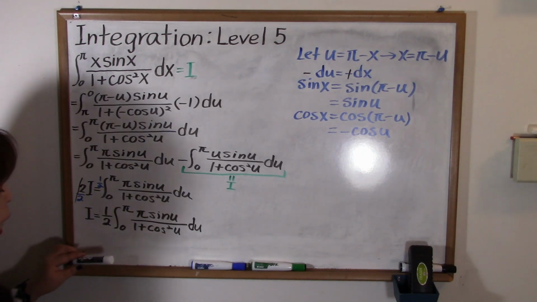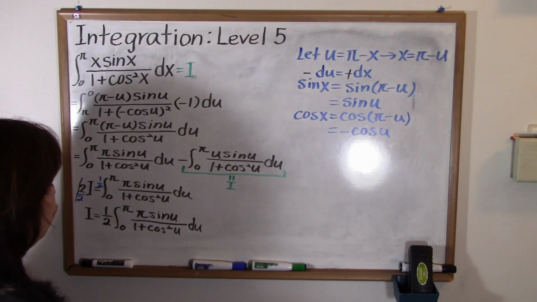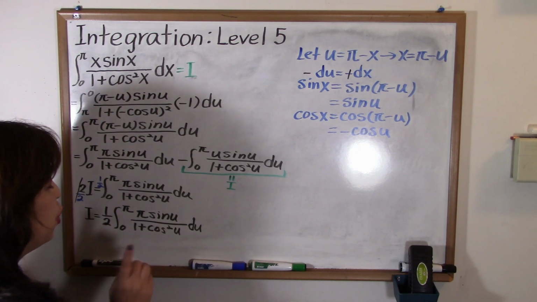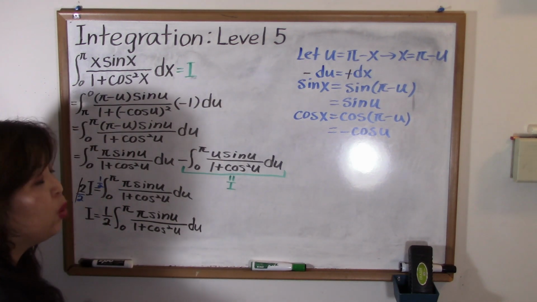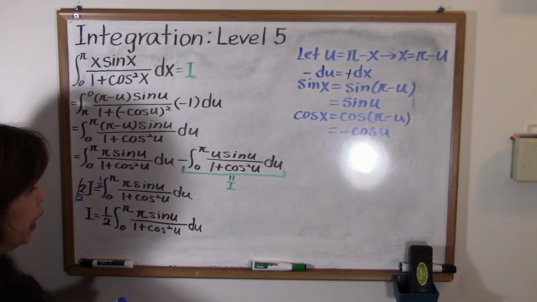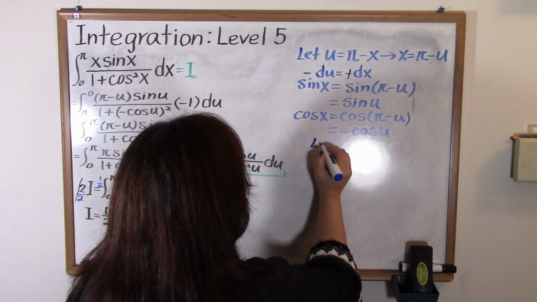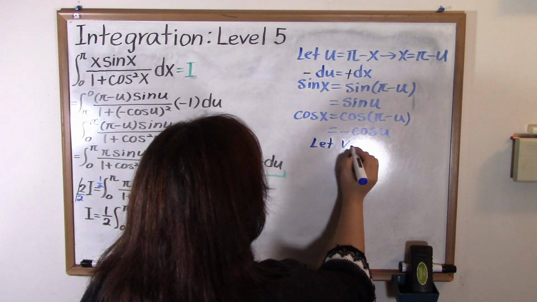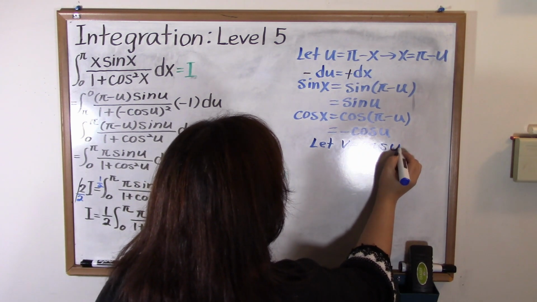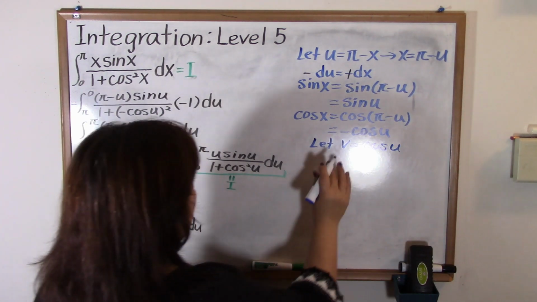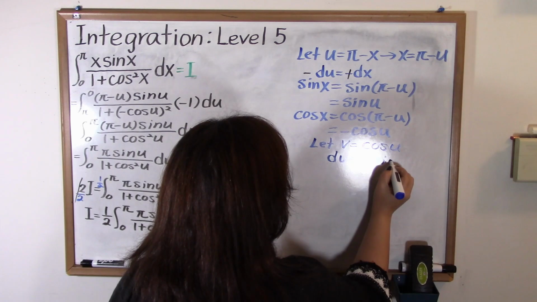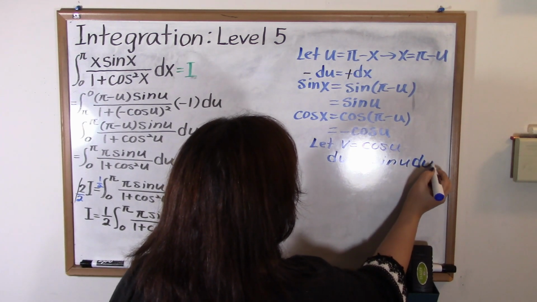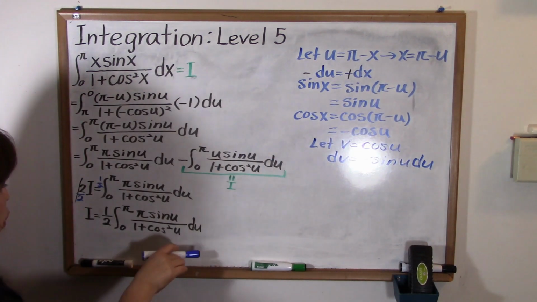So, next step, we wanna use u substitution. However, we already use u, so instead of u, we're going to use v. Let v is equal to cosine u. And now, take derivative of this. dv is equal to minus sine of u du. Okay?